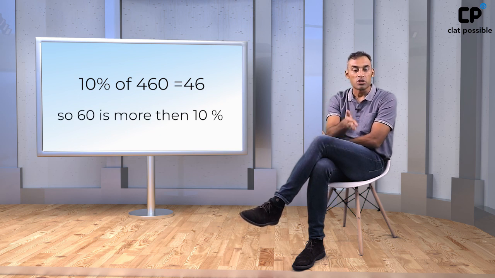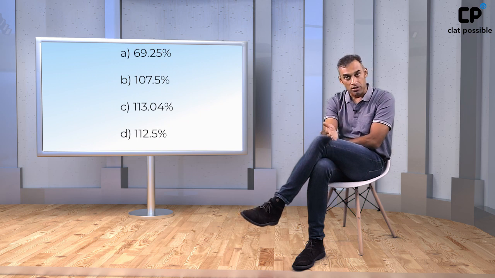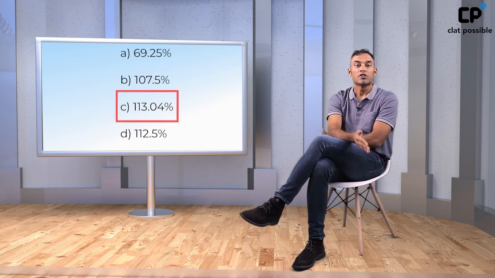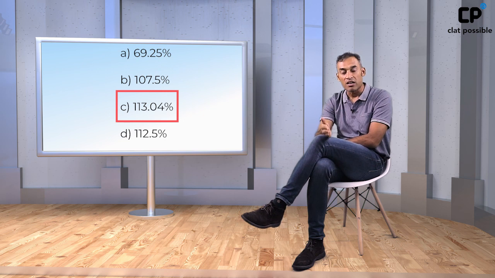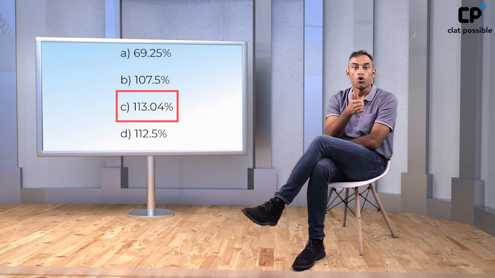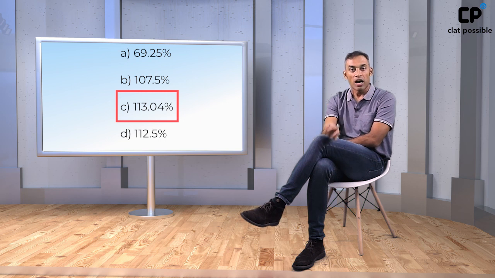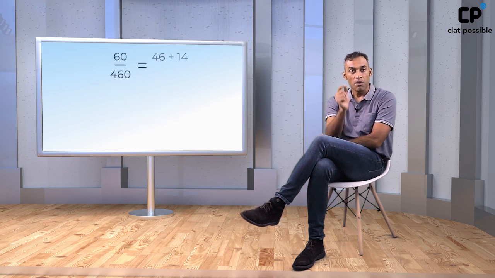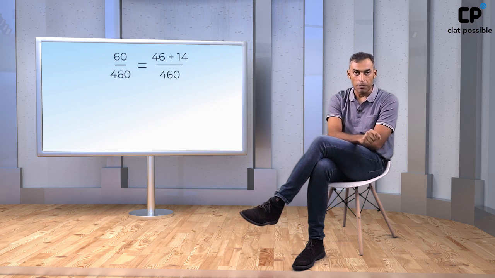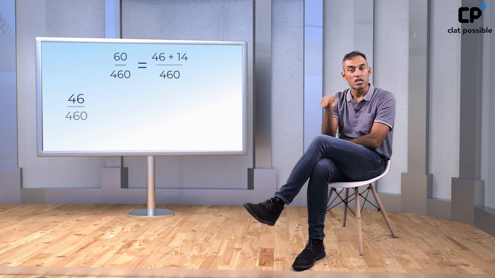Again, I'm going to look at an option which is slightly more than 110%. So if there was an option which is between 100 and 110, I'm going to eliminate that. And I'm going to look at an option which is more than 110%. Again, getting into more specifics, we found that 60 is nothing but, the breakup of 60 is a 46 plus 14 upon 460. So a 46 upon 460 is 10%, right?